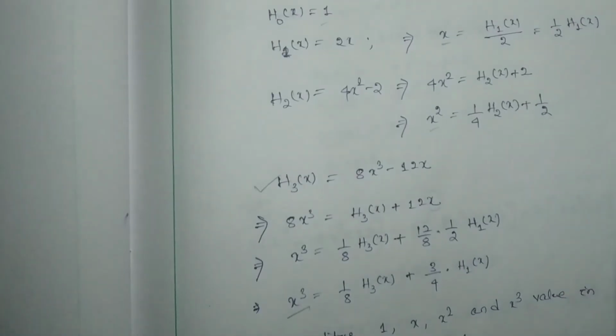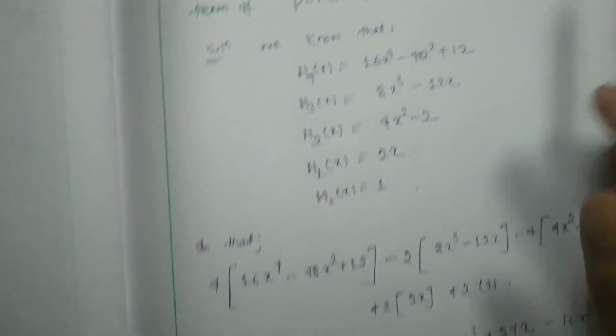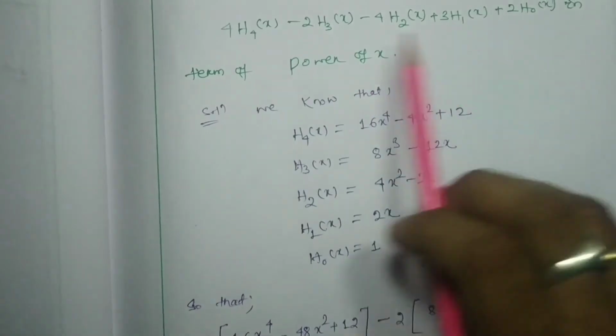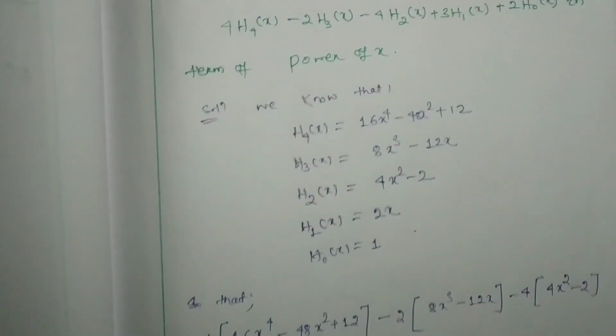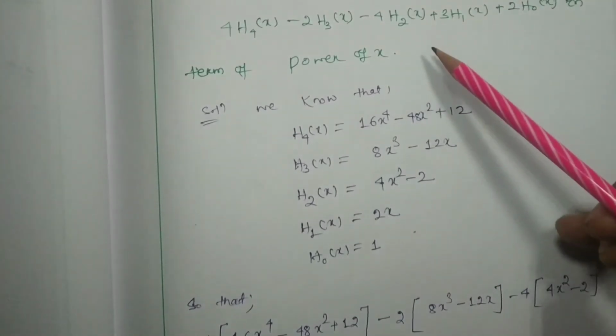Next question is just the reverse type, that is we have to convert a Hermite polynomial expression in terms of powers of x. How are we going to do it? It is very simple.